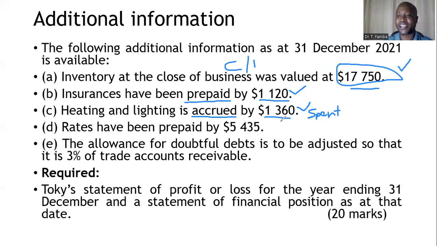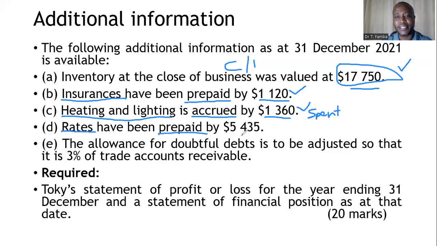At the same time, because it's a liability, we need to include it in the statement of financial position as current liability. Now, we also have rates. Here it's insurances prepaid, here is heating and lighting, here it's rates, and this one, rates, is prepaid.